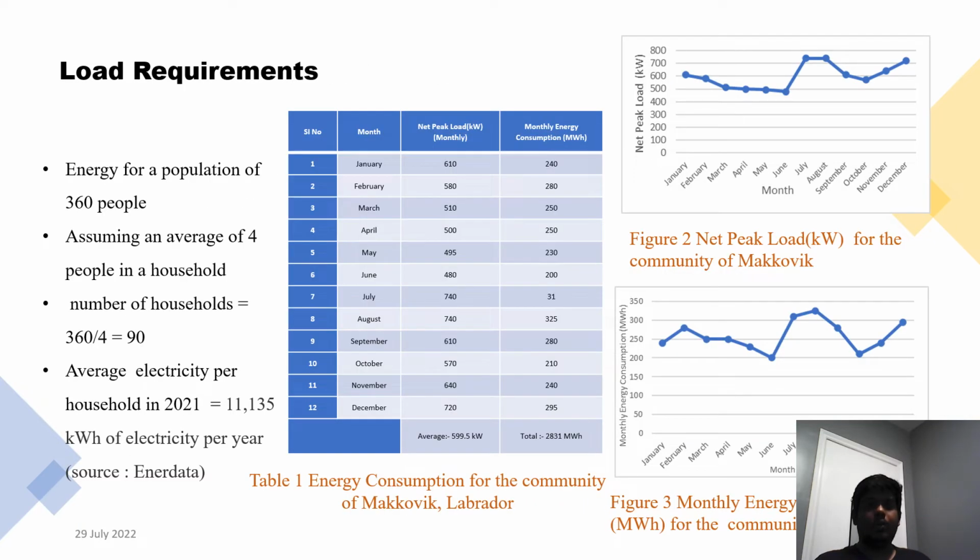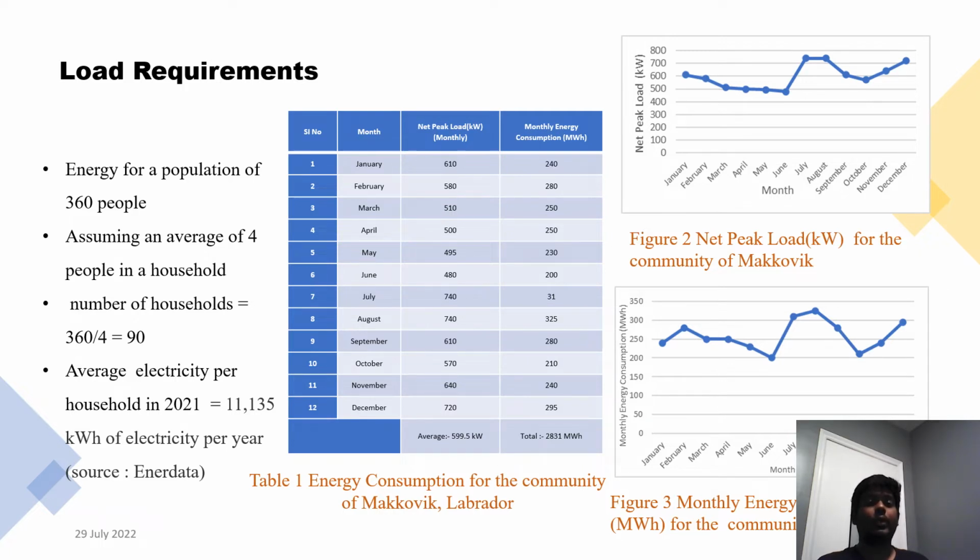On looking at the load requirements of the community of Makkovik, which has a population of around 360 people, assuming an average of 4 people in a household, the number of households rounds up to 90. The average electricity per household, as per ENA data in 2021, is around 11,135 kilowatt hours.